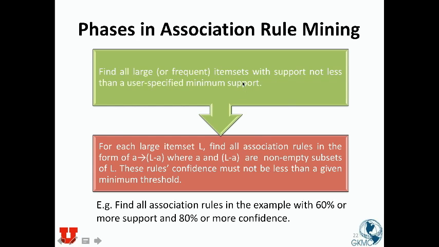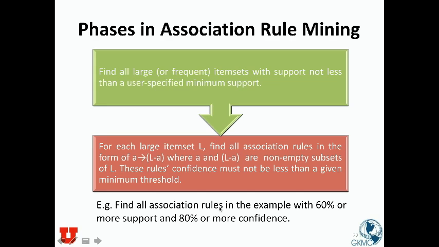So this is the first phase, is to find all of those. This actually is the most time consuming one. And the second criteria for association rules to meet will be a minimum confidence level.